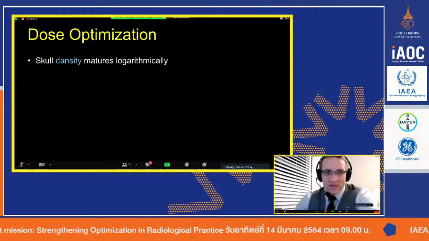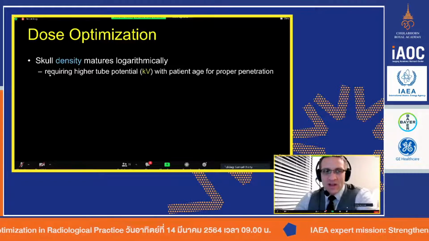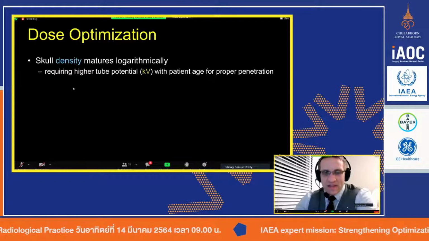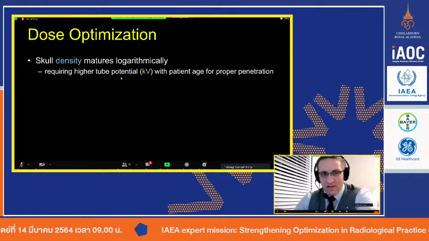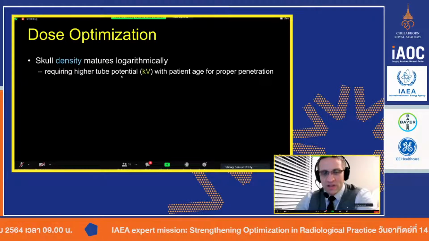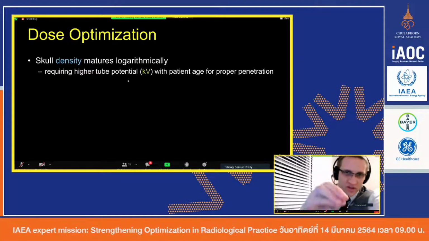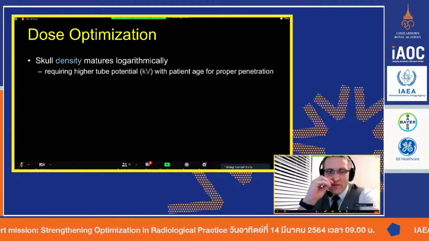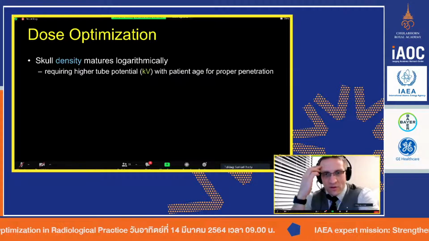And then, as I mentioned, skull density matters, and it all matures logarithmically too. And so as we set the proper techniques, one of the most important ones in the head is setting the right tube potential, or the kV. That's because the kV helps drive the penetration. If we have an energetic photon, it's going to be able to get through our thicker, more dense skulls.